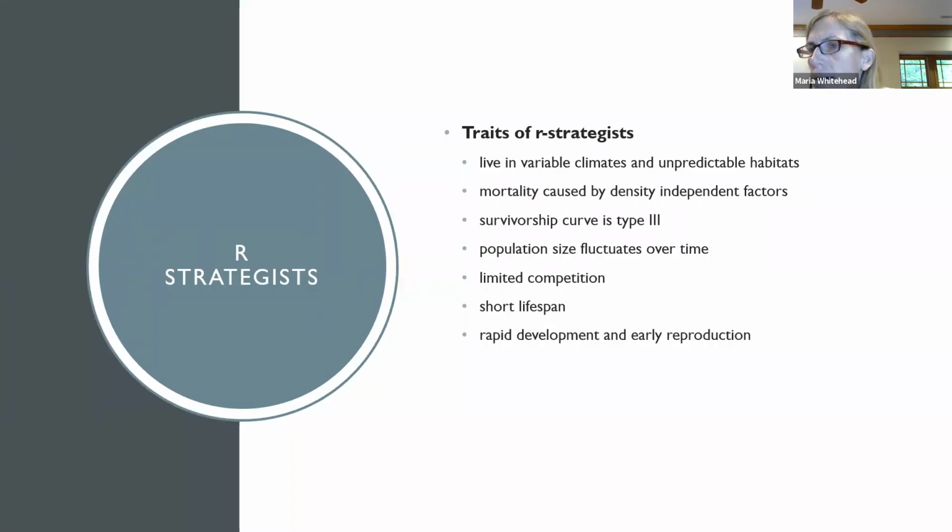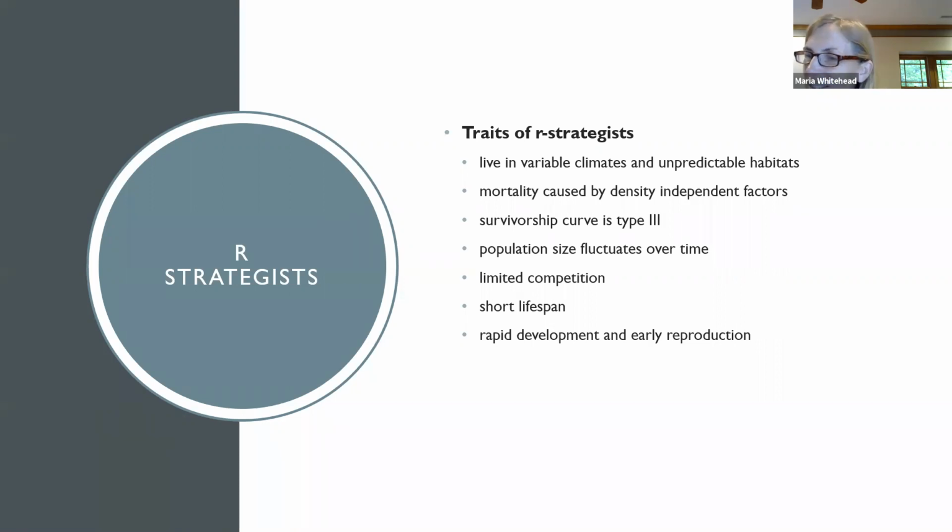We talked early in the semester about life strategies, but we'll revisit this because of its relevance to populations. So let's talk quickly again through R strategist and K strategist.